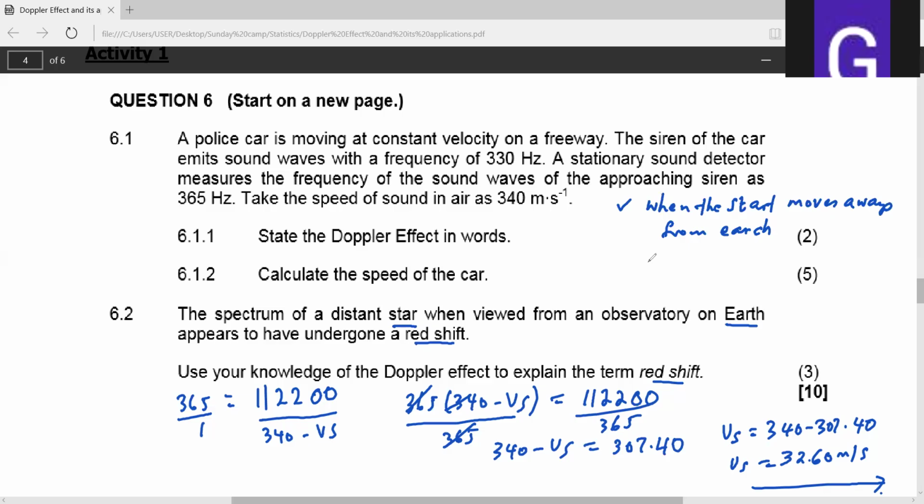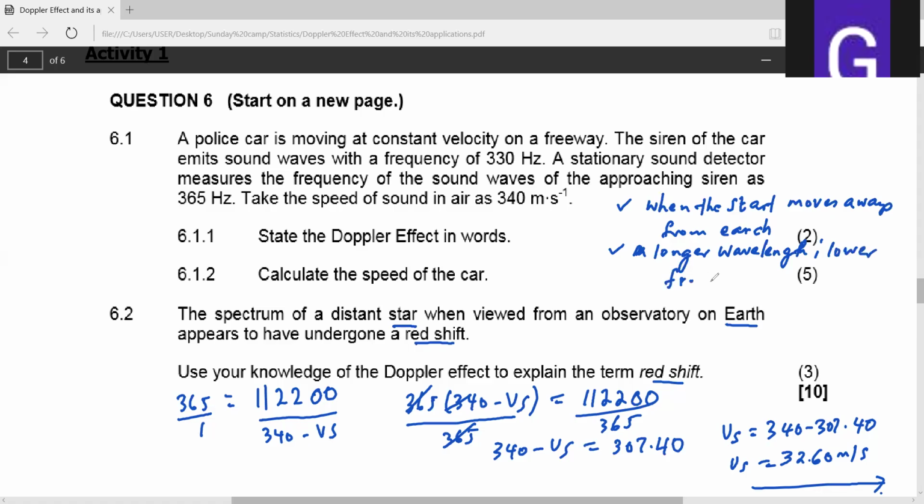this is an indication that we have a longer wavelength. The wavelength becomes longer, and if the wavelength becomes longer, it means we have a lower frequency.